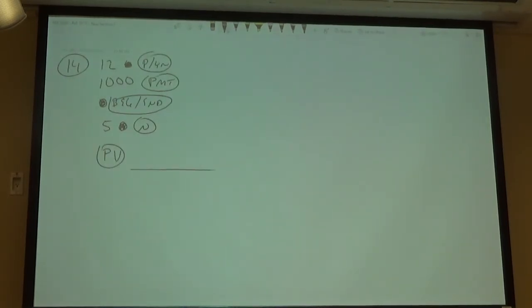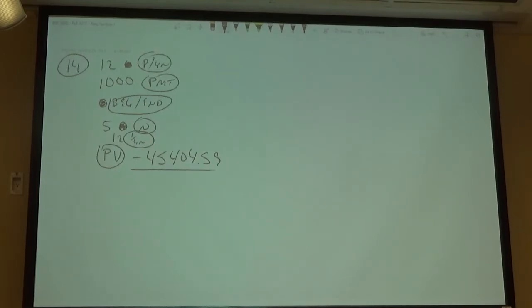Solve for present value to start with. Oops, the interest rate, 12%. Okay.